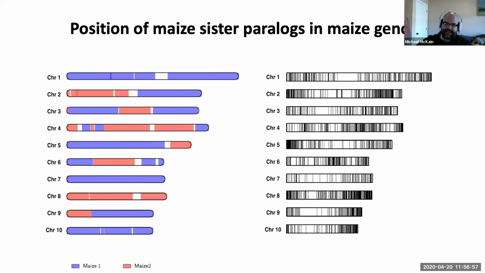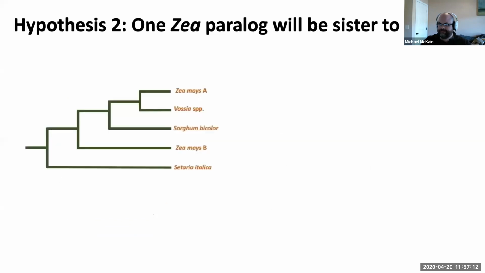When we plot these around the genome, we get a pattern that looks like this, suggesting that there are some areas that are definitely more like this, but there's more variation across the genome than we might originally have expected based on some of our fractionation patterns. We can then ask the question, is one of the subgenomes more closely related to this green group that we're interested in?